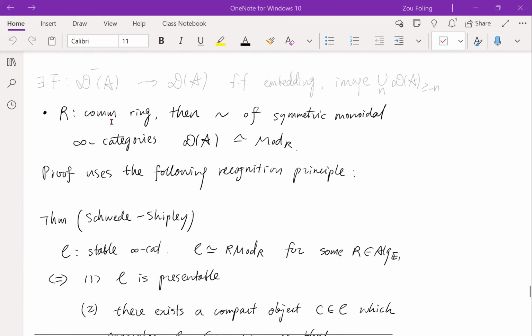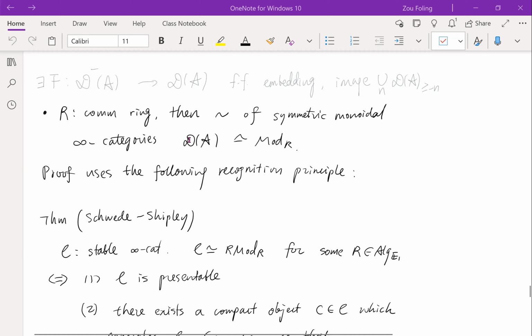And if R is not just an E1 ring, not just an associative ring, but a commutative ring, then that equivalence can be upgraded to a symmetric monoidal equivalence of infinity categories, D(A) to Mod R, where the left side has symmetric monoidal structure coming from the tensor product of chain complexes.